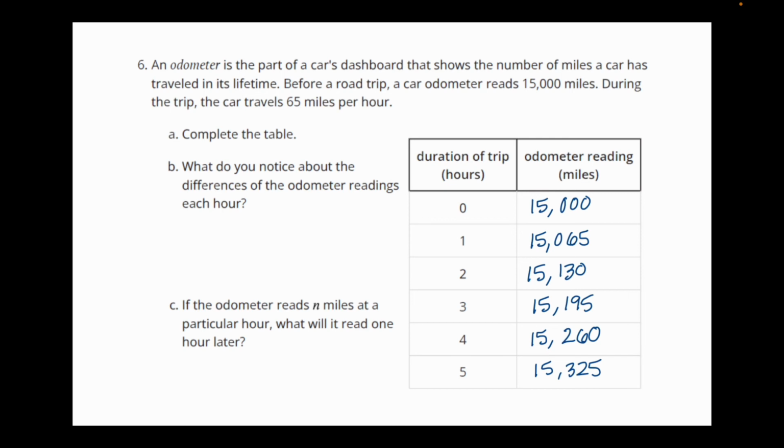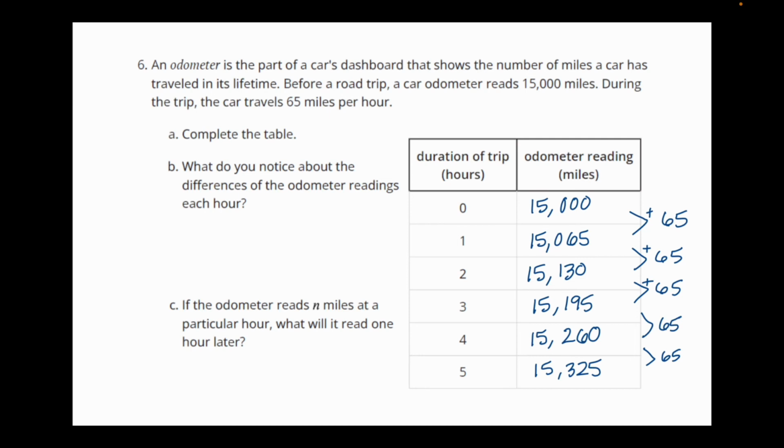Part B says, what do you notice about the differences of the odometer readings each hour? So that's saying, what do you notice about the difference here? Difference means subtract. So if we subtracted these two, we would get that they're different by 65. And the same actually works here and all the way down because we were adding 65 each time. These are each going to be different by 65.